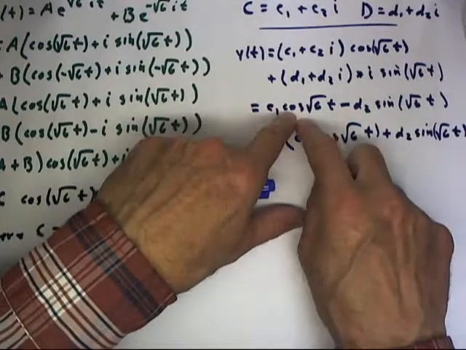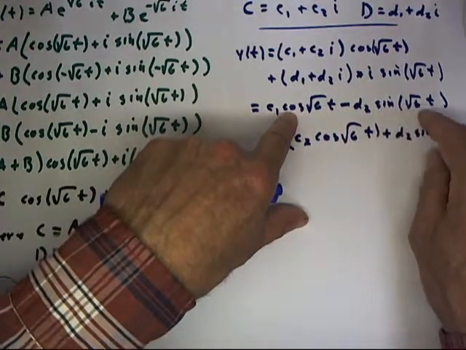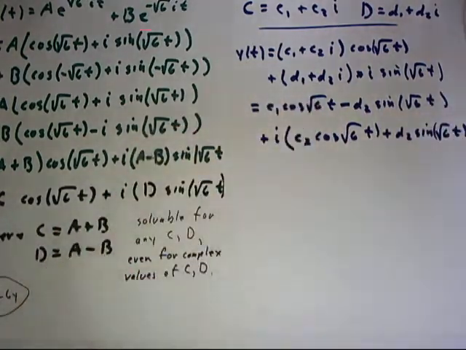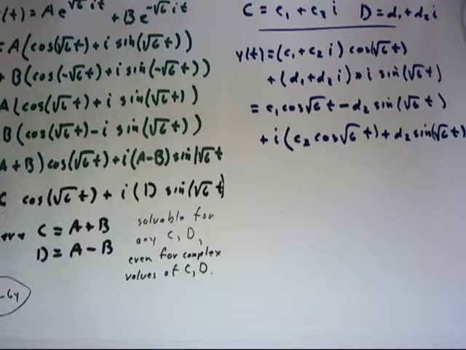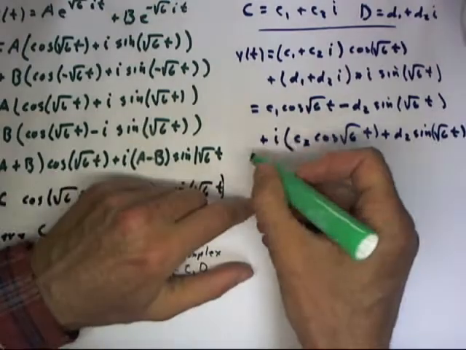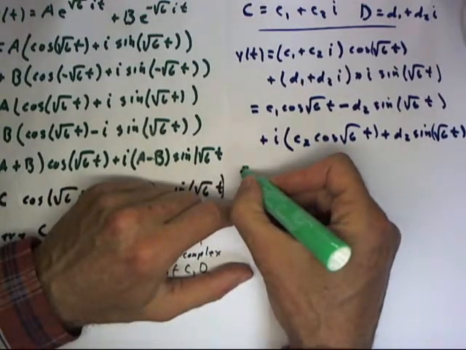This real part is a linear combination of a cosine and a sine of the square root of 6t, and without going into the details of the trigonometric identities, you should know enough about them.